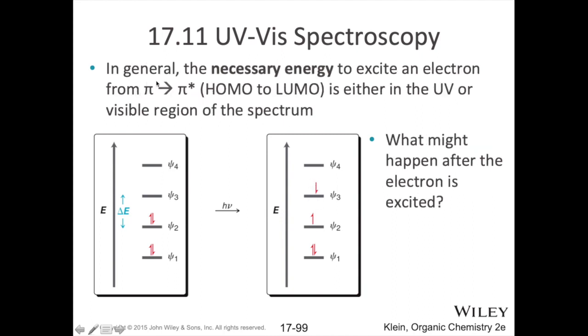So that pi bonding to pi antibonding interaction is essentially what we're measuring in UV-vis spectroscopy, because those photons are in either the ultraviolet or visible region of the spectrum.